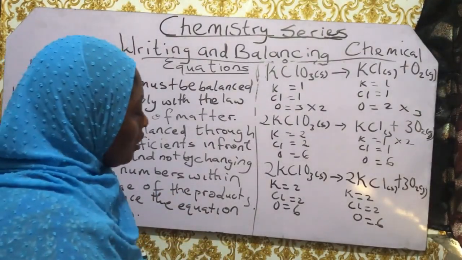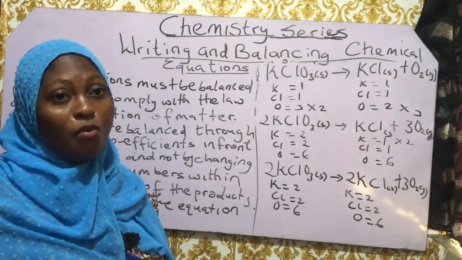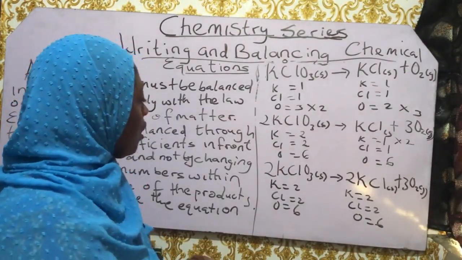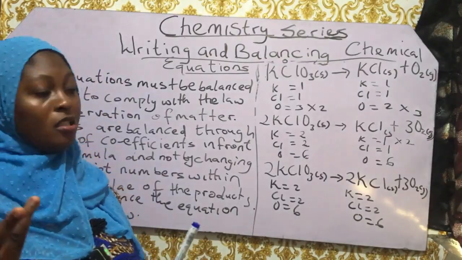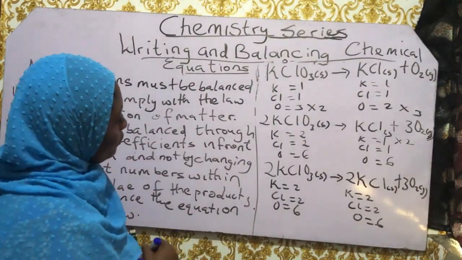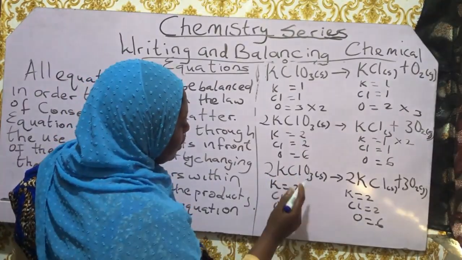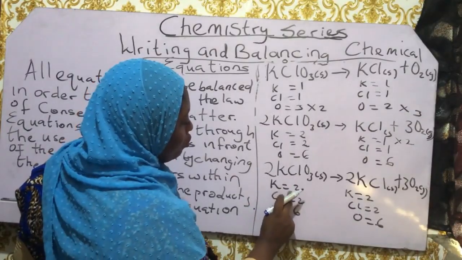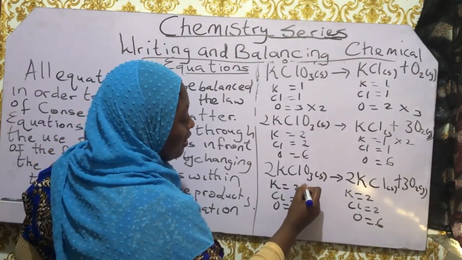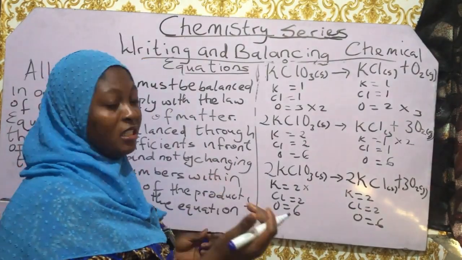And if you want to check whether the mass of the reactant is equal to the mass of the product, let's do a quick check of that. So checking the mass of the reactant, potassium, we have 2 atoms. The relative atomic mass of potassium is 39.